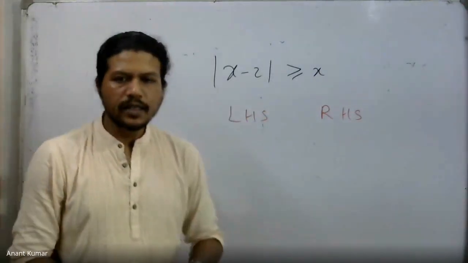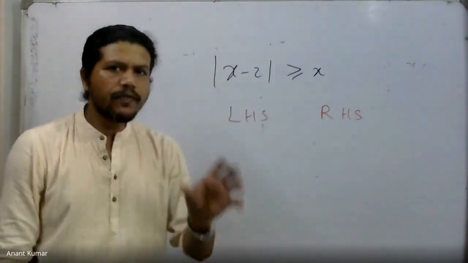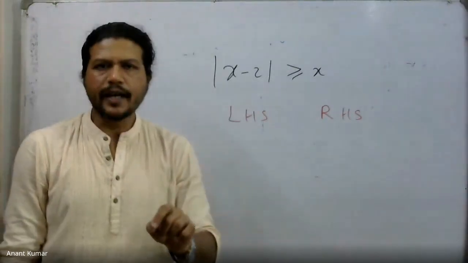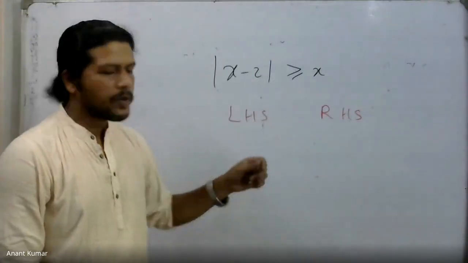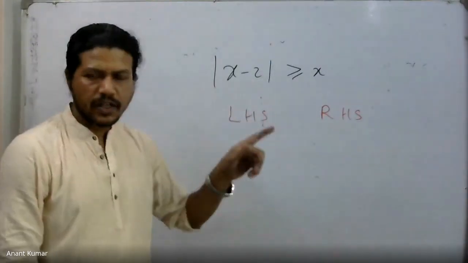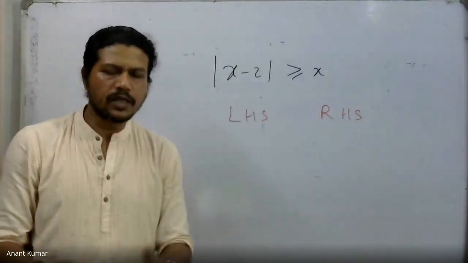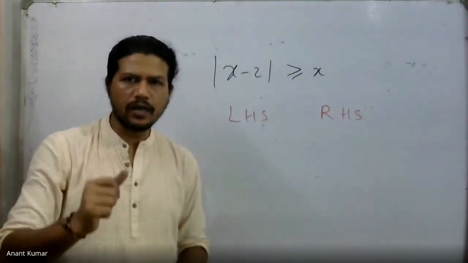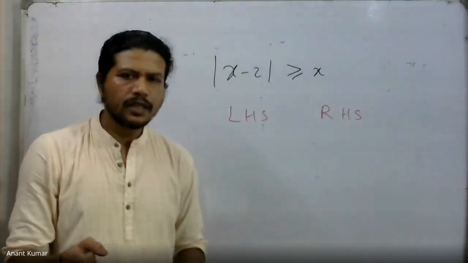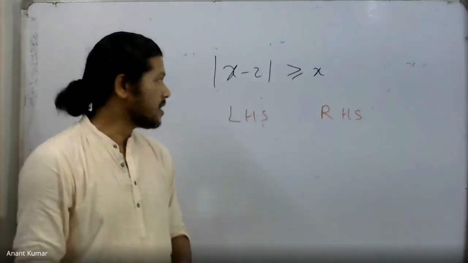I'm going to consider the value of the LHS, whatever I find for the particular x. For example, I put x equal to minus 1. So I get minus 3. Mod of minus 3 becomes plus 3. So I get plus 3. I will assign that plus 3 to the y coordinate, to take a point which is x equal to minus 1, y equal to 3.